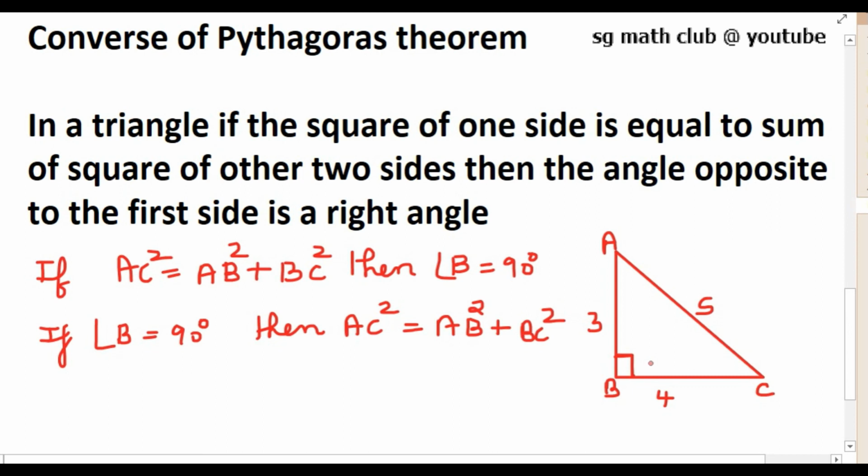So converse of Pythagoras theorem is true, and it states that in a triangle, if square of one side is equal to sum of square of other two sides, then the angle opposite to the first side is a right angle. So in today's video we have seen the proof of Pythagoras theorem. Thank you for watching my video.